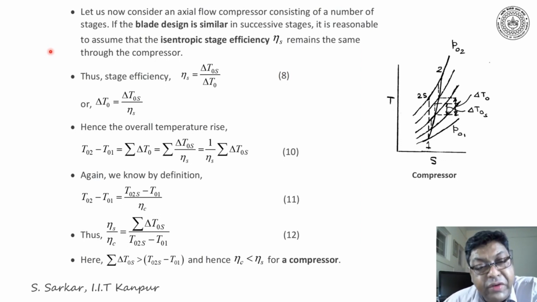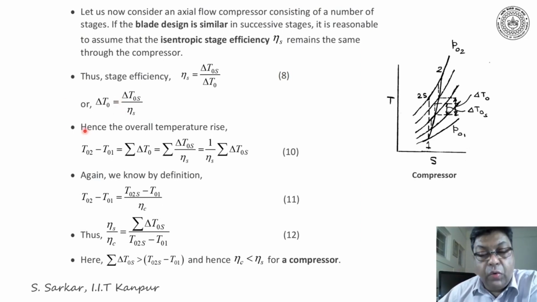Thus, I can now define the stage isentropic efficiency eta S as the ratio of del T0S by del T0, where del T0 is equal to del T0S by eta S, del T0 being the actual temperature rise of a stage, del T0S the corresponding isentropic temperature rise, and eta S the stage efficiency.